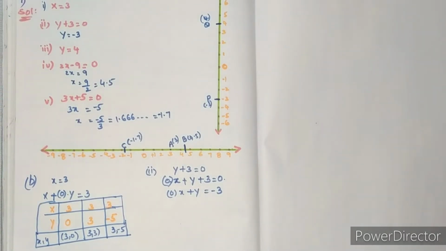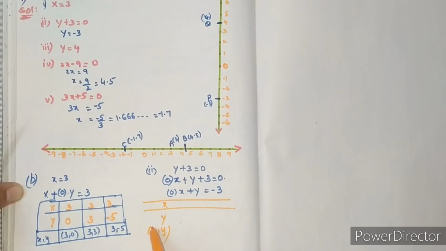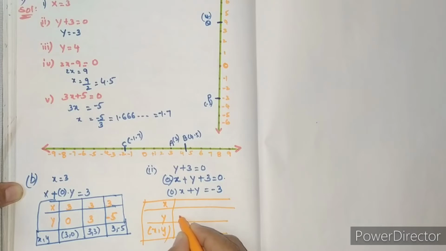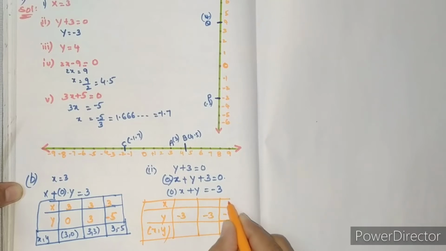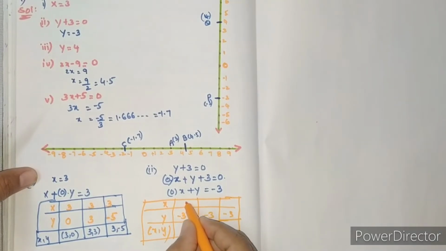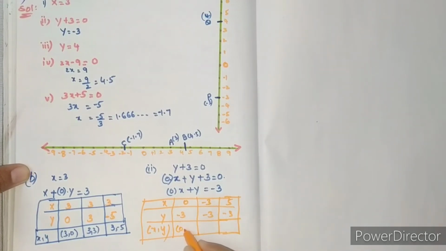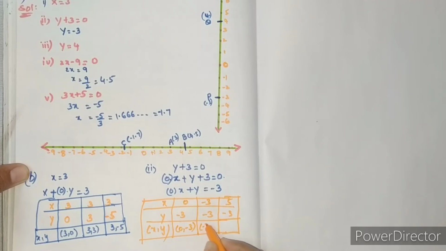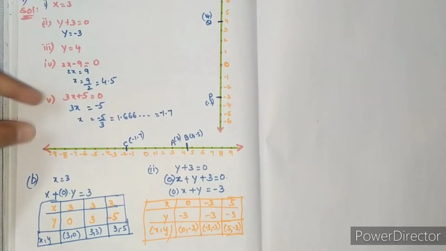Here the y value is always minus 3 only, and the x value keeps on changing. X first we will take 0, minus 3, 5. So the points are 0 comma minus 3, minus 3 comma minus 3, 5 comma minus 3. In the same way, we will write these 3 also.